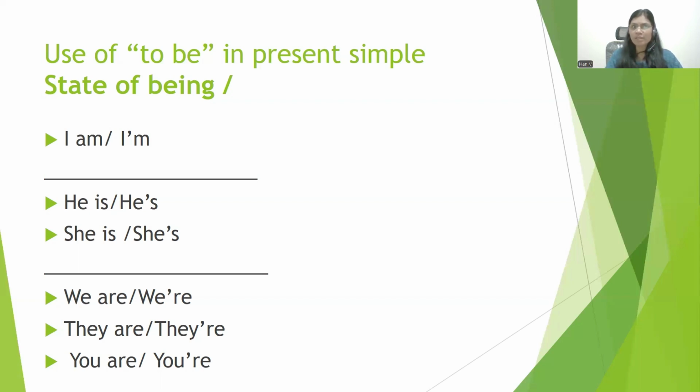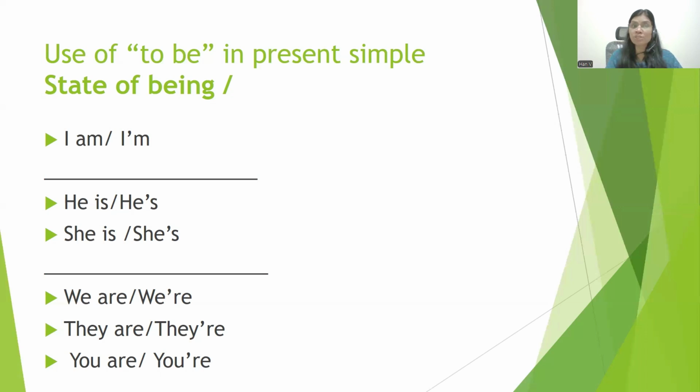However, if you look at the screen, I am, just beside that, I put I and an apostrophe and M. Is it all right to write like that? Of course, yes, it is all right. You can say I'm, but only when you speak or when you write informally. But in formal writings, you have to use the full form am.